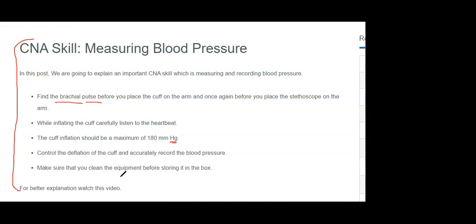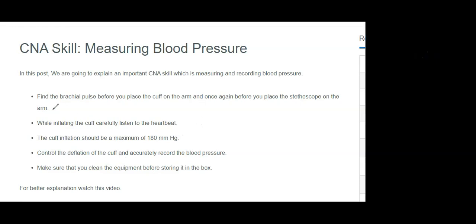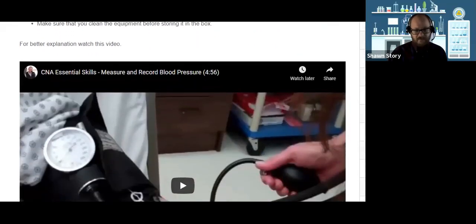Make sure that you clean the equipment before storing it in the box. Absolutely. All right. Any questions? Any words we don't know? All right. Hearing none, let's watch the video.